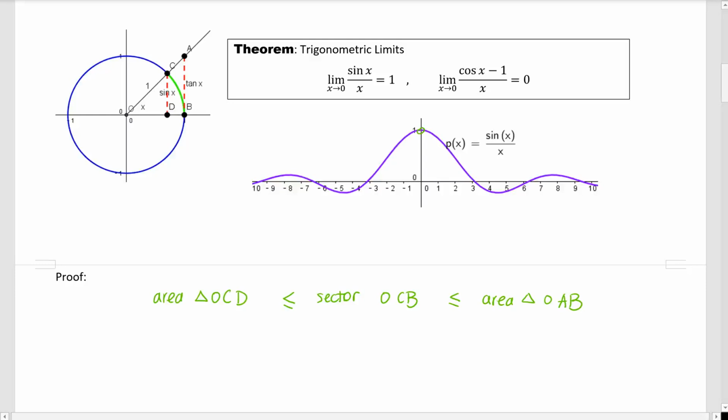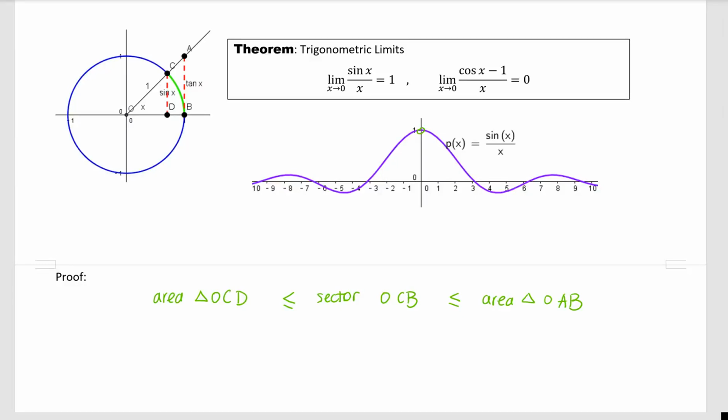You can see this is OCD and this is OCB. The biggest is OAB, right? Can you see that from the picture? And if x goes from 0 to pi over 2, this is always true, okay?